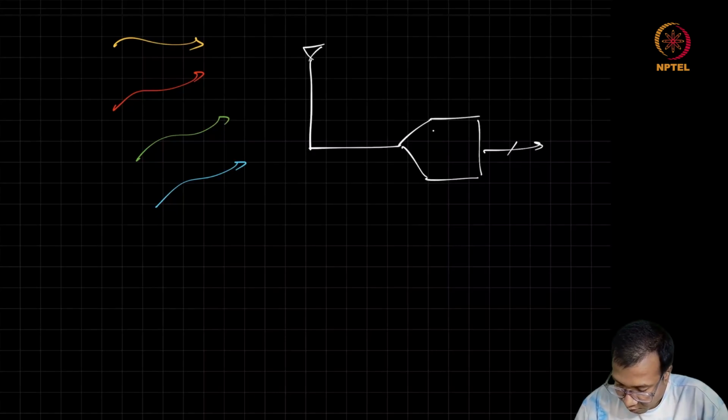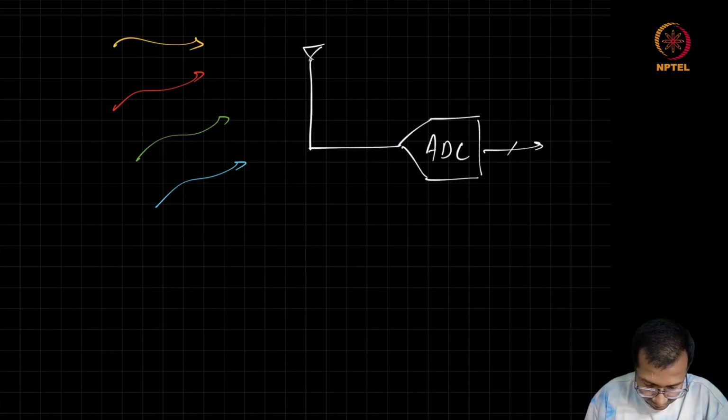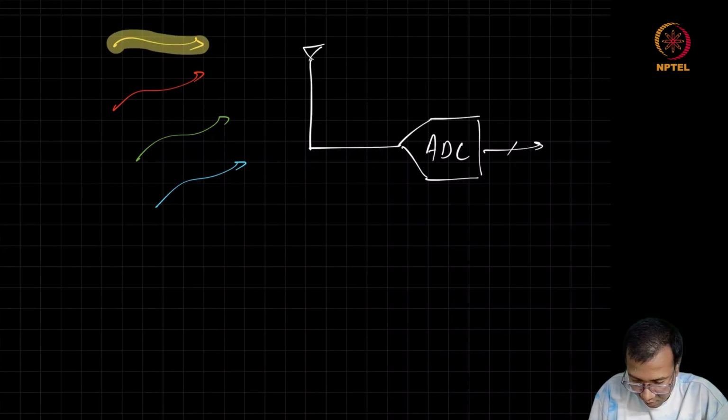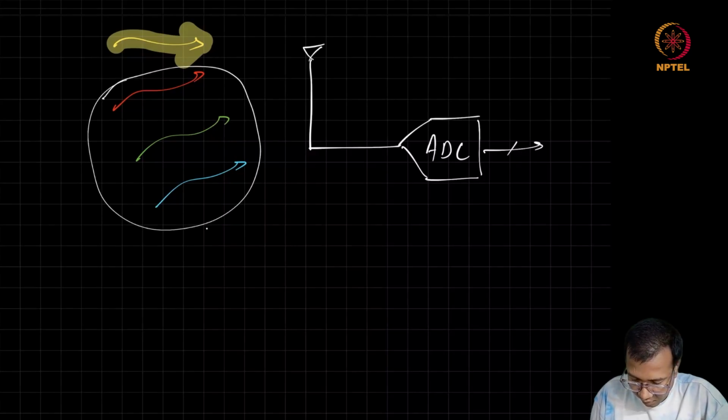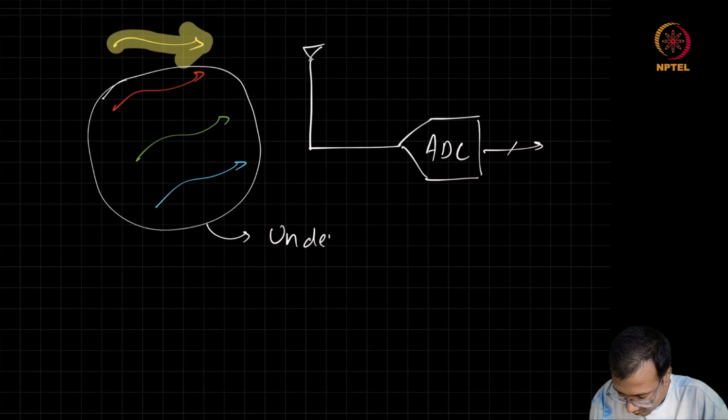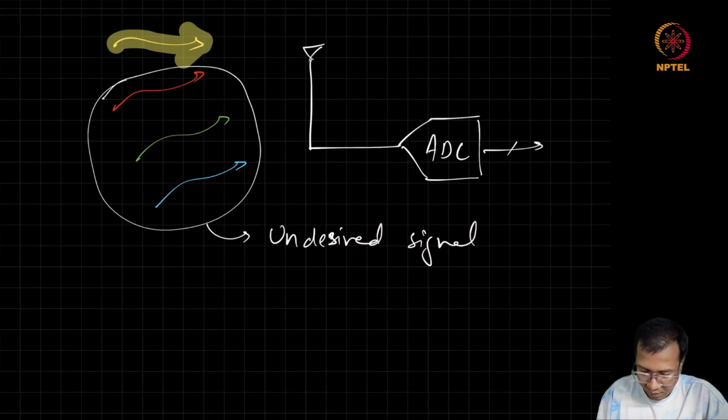So this is what we want to do, where the intended signal is this one. But in addition to that, we are also receiving a lot of undesired signal. Okay, this is the desired signal.